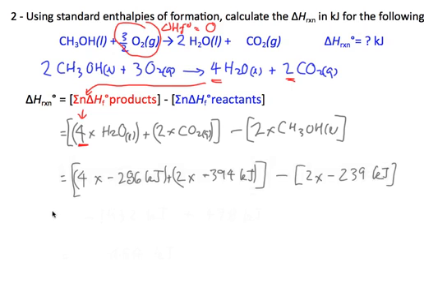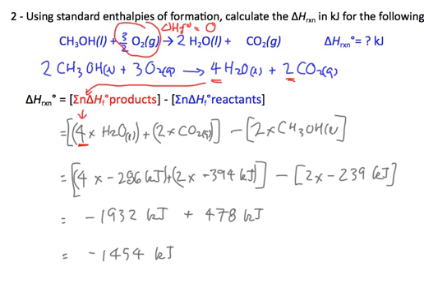So there's the substitution of the numbers. There's the math, and again, minus a minus is a plus, so it's going to add, and when I do, we get negative 1454 kilojoules. So the enthalpy of reaction for the combustion of methanol is negative 1454 kilojoules.